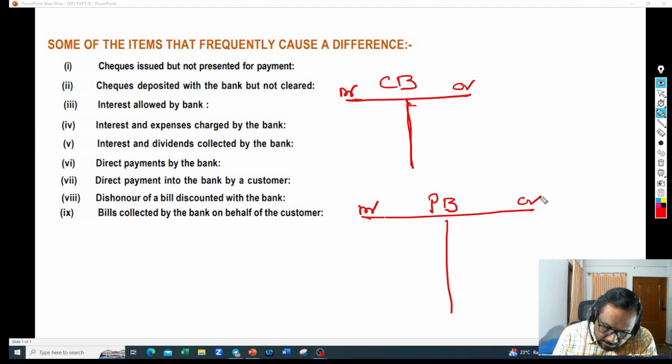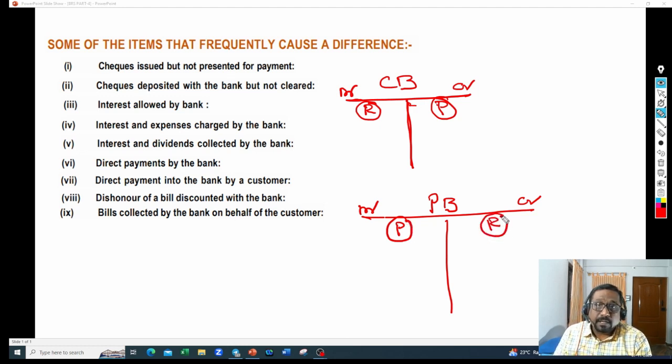Here this is called the receipt side. R means receipts. This is called the payment side. Similarly, this is called the payment side and this is called the receipt side. I already explained this in my previous videos. I hope I don't need to explain receipts and payments again. You can refer to that video.